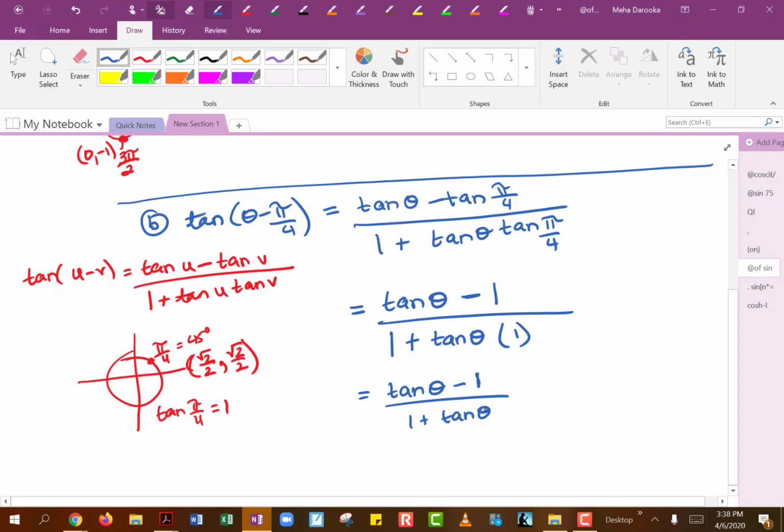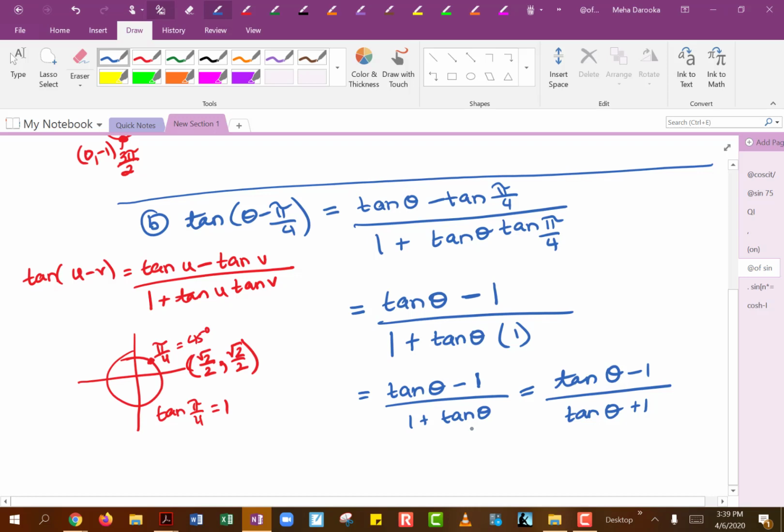You can leave it like this if you want, but normally we clean this up, and you can write this as tangent theta minus 1 over tangent theta plus 1. So I'm just taking this 1 plus tangent theta and rewriting it.